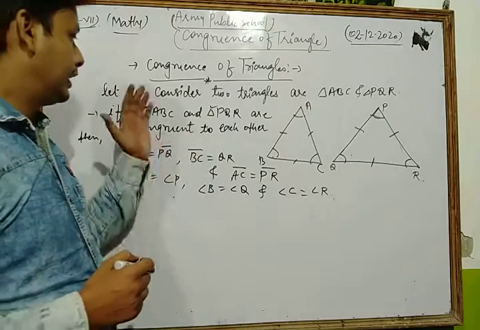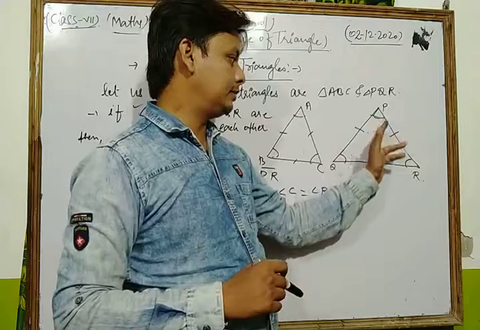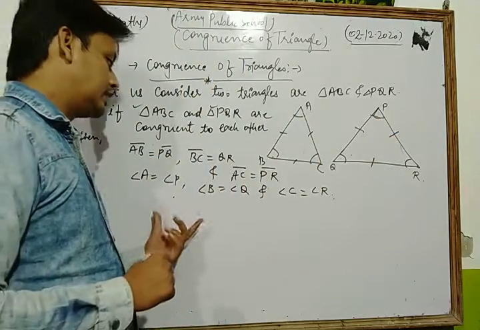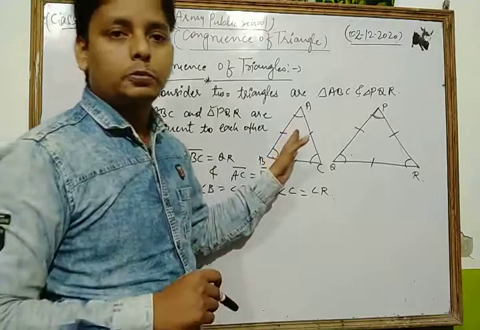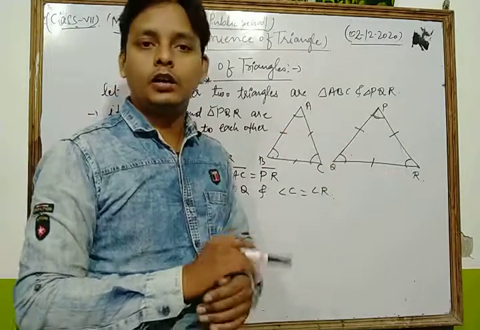So if triangle ABC is congruent to triangle PQR, then in that condition their corresponding sides are equal as well as their corresponding angles are also equal.